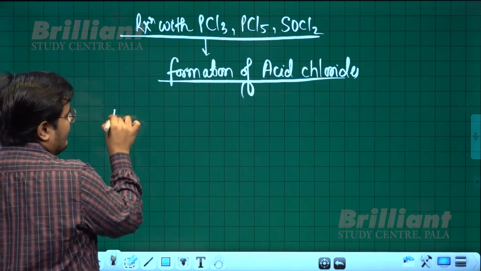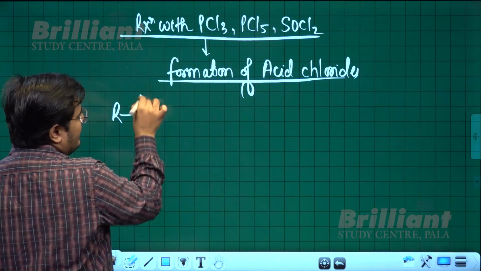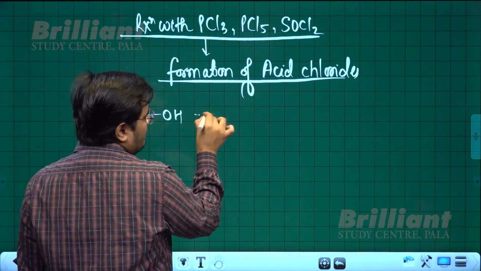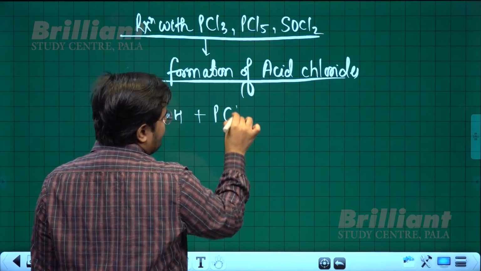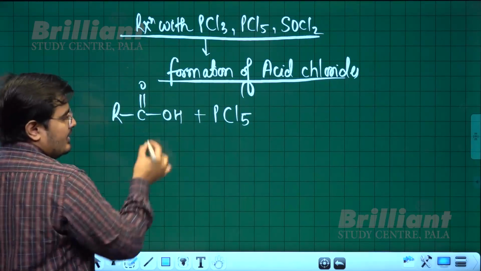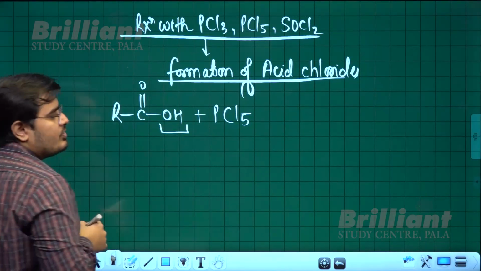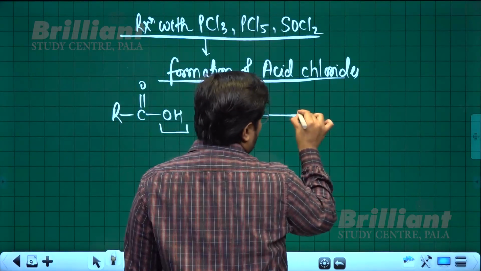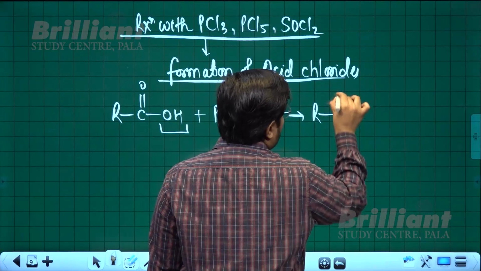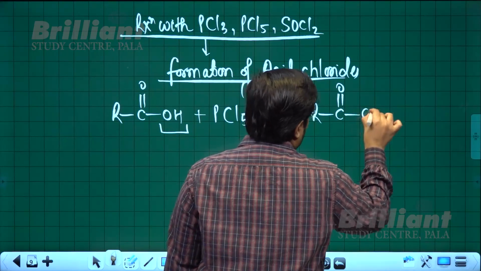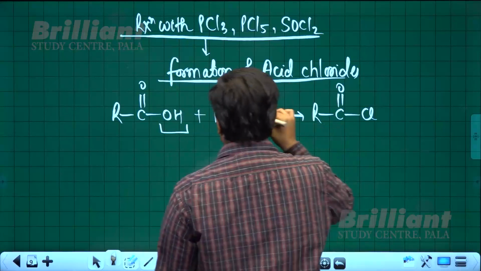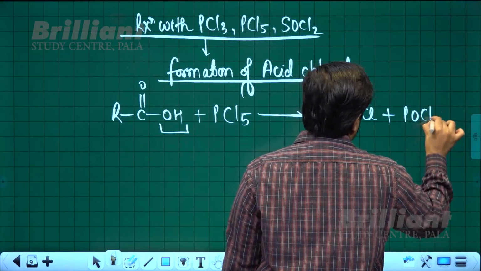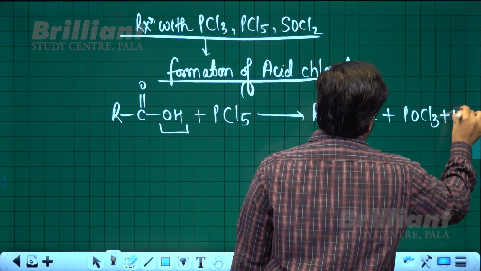It works exactly the same way here. For example, if I have an RCOOH group here and you are using PCl5 along with it, then like in alcohols where OH used to be replaced with chlorine, the same thing will happen here also: OH of an acid will be replaced by chlorine from PCl5. In addition to that, you will get POCl3 plus HCl.